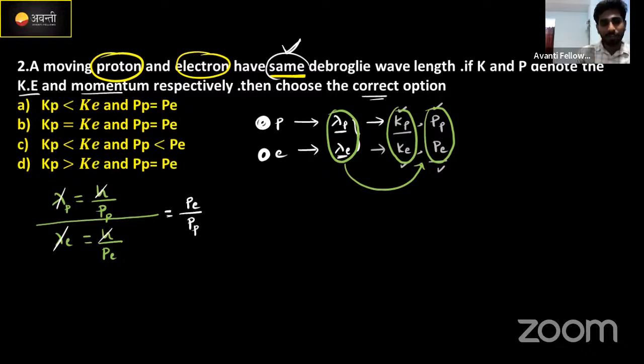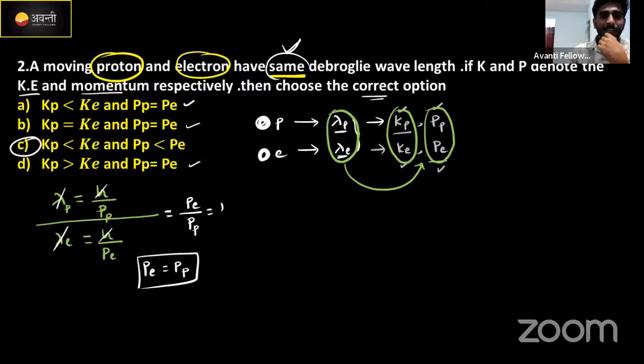This ratio will be equal to 1, since lambda cancelled. Then it will become pe is equal to pp. It is nothing but the momentum of the electron is exactly equal to the momentum of the proton. One relation has come. Check where this relation is present: option A, option B, option C. If it is not in option C, then this is a wrong answer.